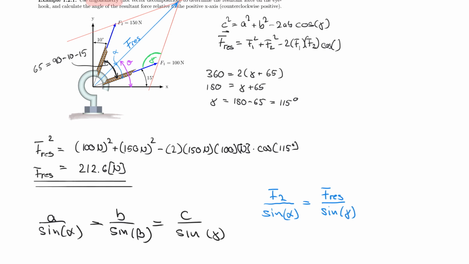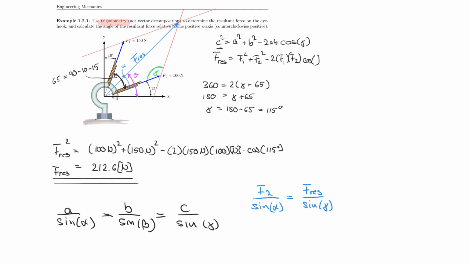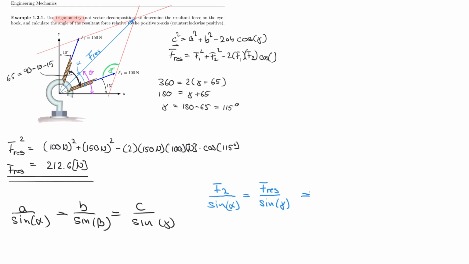And now all I have to do is solve this effectively for sine alpha. So I bring that to the other side, bring these over. Let's do that real quick. So that sine alpha is equal to F2 over F resultant times sine gamma.